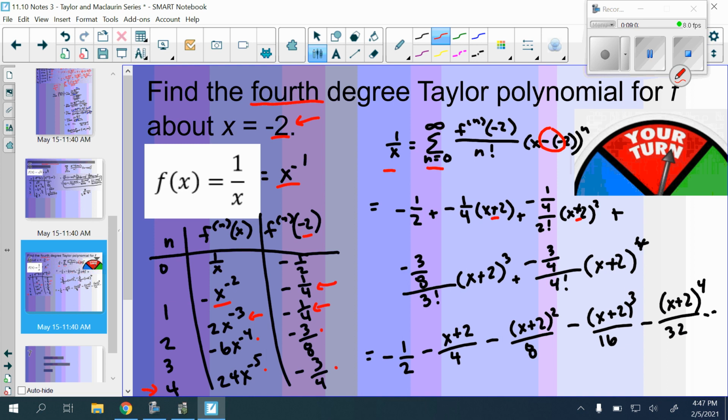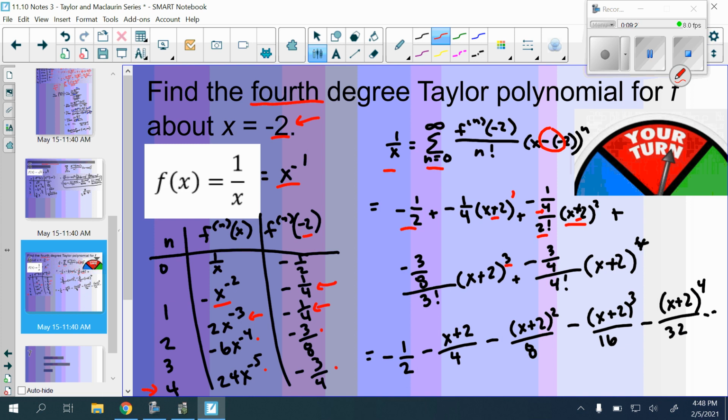So put the first coefficient in over 0 factorial, which is 1, anything to the 0 power. So I just wrote only that one. For the first one now, this to the first power, and it'd be over 1 factorial, but that's just 1. The next one, we got our second derivative at negative 2 over 2 factorial, to the second power.